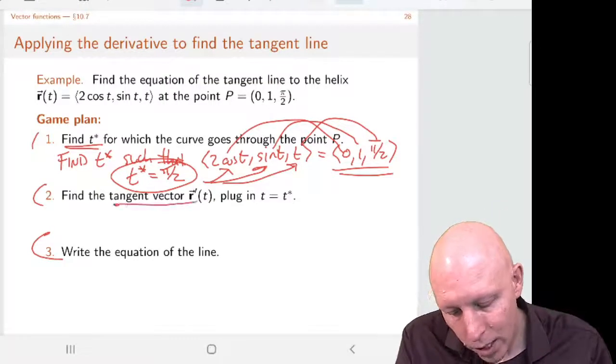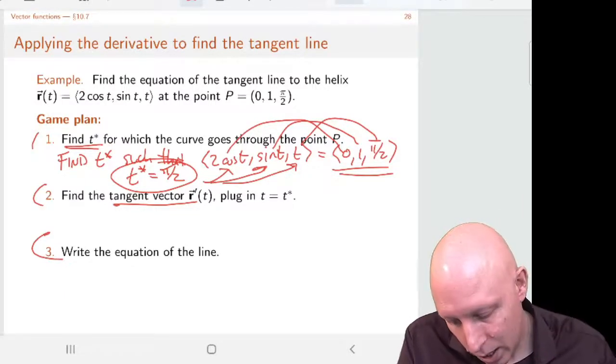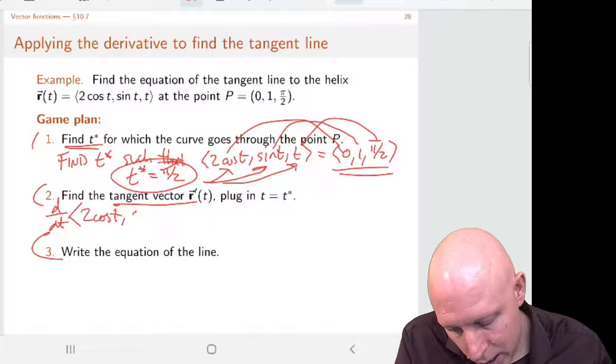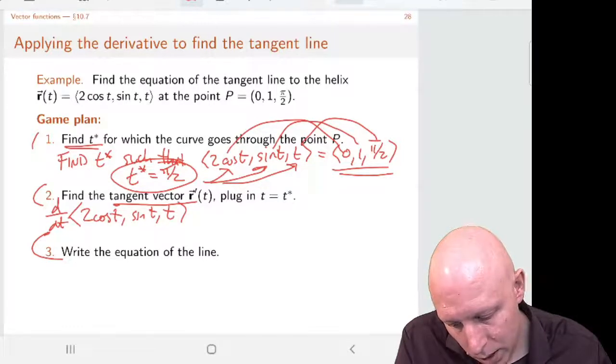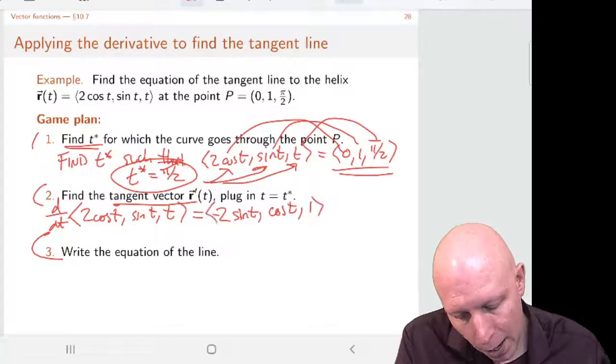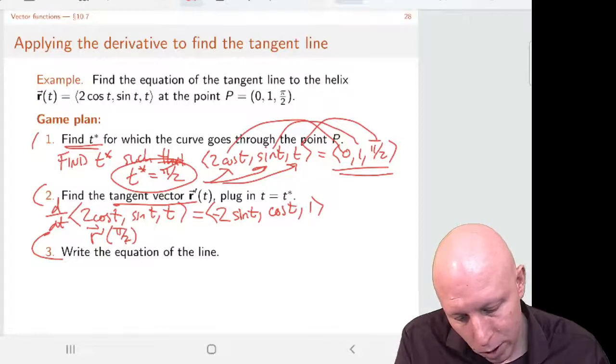So now we find the tangent vector, the derivative of r of t. Taking the derivative of 2 cosine of t, sine of t, t, we get negative 2 sine of t, cosine of t, 1. Now we have to do r prime of pi over 2, so we plug in pi over 2 into this equation.